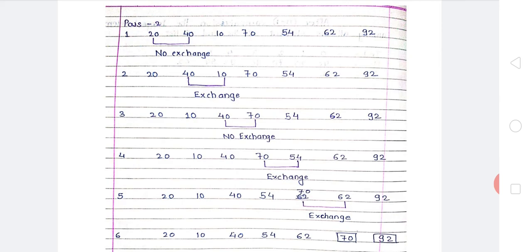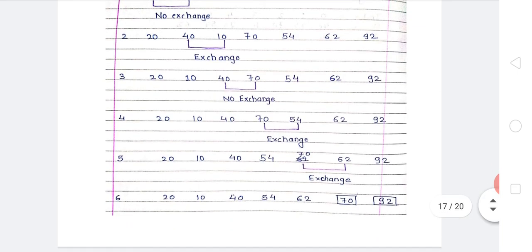In step number 3, 40 is compared with 70. Now 40 is less than 70, so no exchange is required. In the next step, step number 4, 70 is compared with 54. Here 70 is greater than 54, so an exchange is required. That means 54 is written in place of 70 and 70 is written in place of 54.